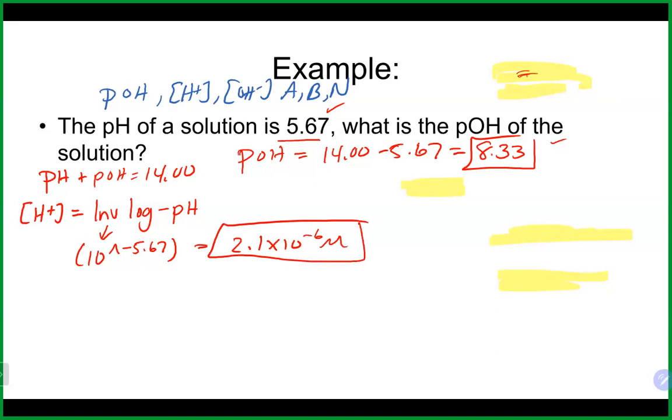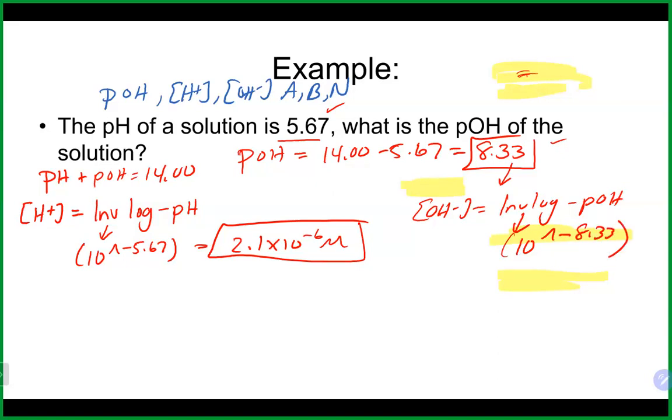Now that you do have the H plus concentration, you could, like I said, use KW, or you could do the exact same calculation with your pOH that you have here. So you could get the OH minus by taking the inverse log of minus pOH, 8.33.